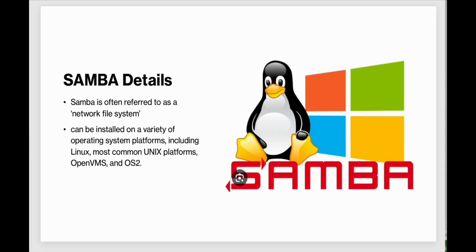As I said, SAMBA is referred to as a network file system. It can be installed on a variety of OSs, including Linux, Unix, OpenVMS, and OS2. So that goes all the way back to the mainframe days.